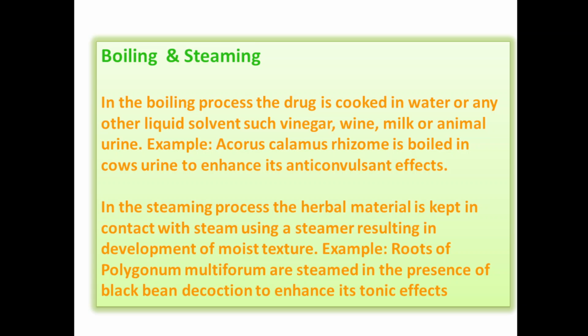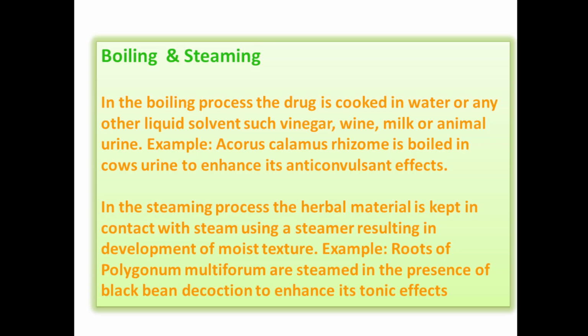Boiling and steaming. In the boiling process, the drug is cooked in water or any other liquid such as vinegar, wine, milk or animal urine. Example, Acorus calamus rhizome is boiled in cow urine to enhance its anticonvulsant effect. So the anticonvulsant effect of this rhizome Acorus calamus is increased when it is boiled in cow's urine, and in this way the drug effect is also enhanced by this process, that is by boiling.